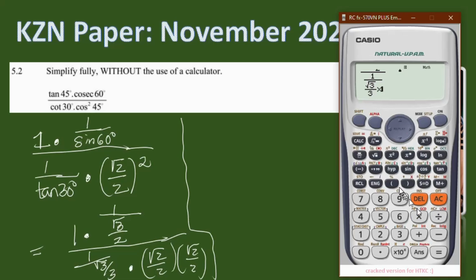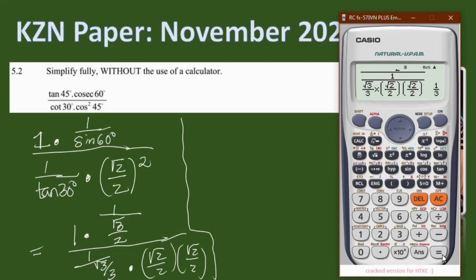Multiplied by root 2 over 2, multiplied by root 2 over 2. I'm showing you each and every step of how I'm getting this on a calculator.